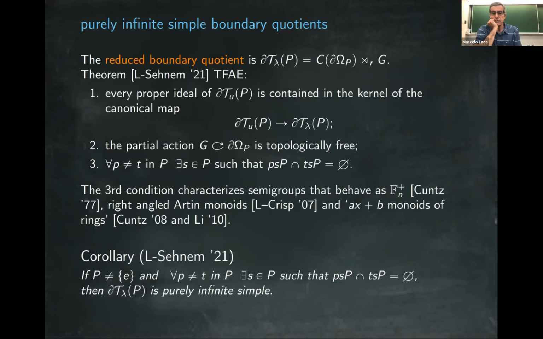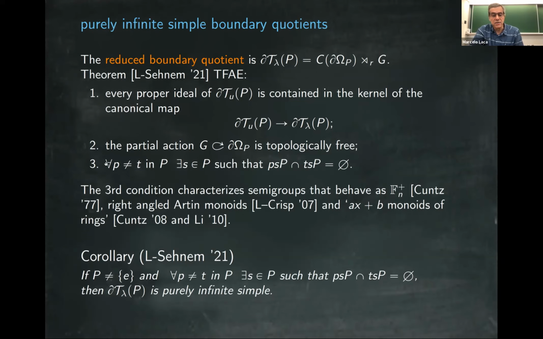And for that, we show that every proper ideal of the boundary quotient, the universal boundary quotient, is contained in the kernel of the canonical map. So you can never see inside the kernel of this map, but at least you know that if the possible ideals are contained in the kernel, then the partial action will give you a G-simple quotient. So the partial action is topologically free.